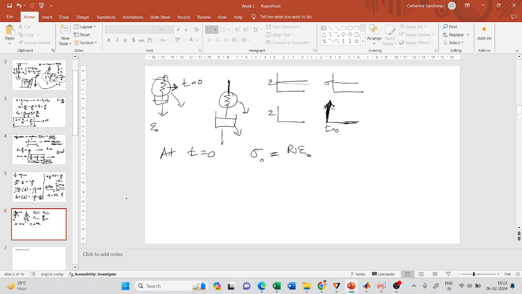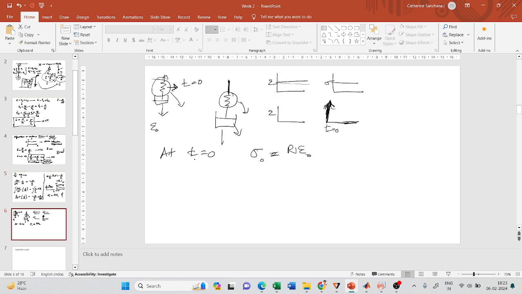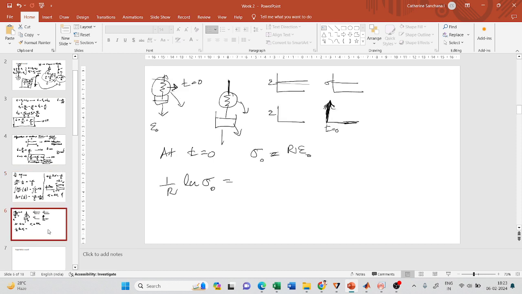Now I have to substitute this boundary condition in this equation. So it will be 1 by r into ln of sigma naught. I'll replace for the sigma naught later, is equals to, at time t equals 0. So t is 0, this term will vanish. 0 plus c.